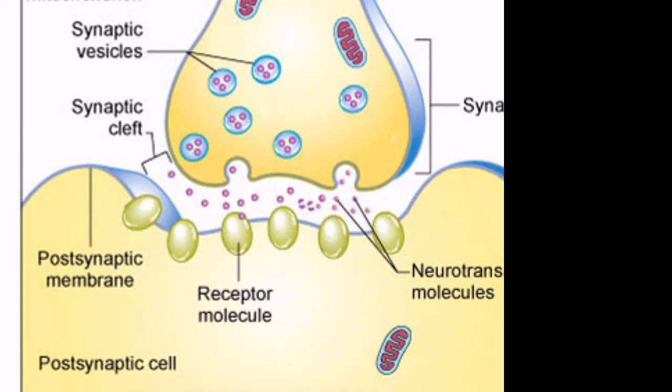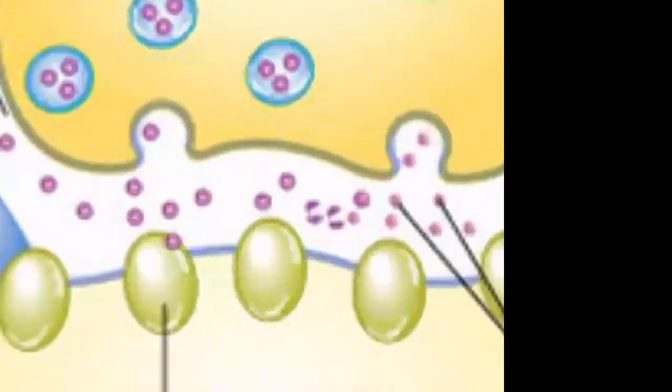So what we could do is we could take something to block the recycler. So even though there's only a weak signal coming through here, maybe there's only fewer receptors or something, if we block the recycler, that means all of these neurotransmitters are going to stay in this space longer.